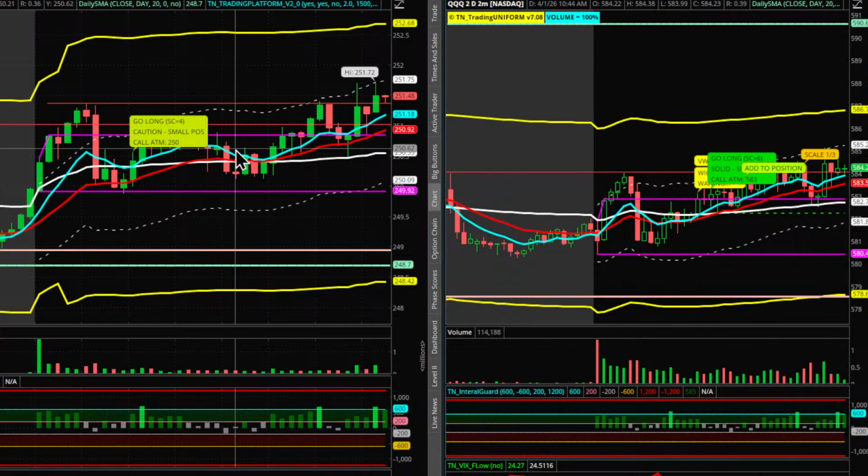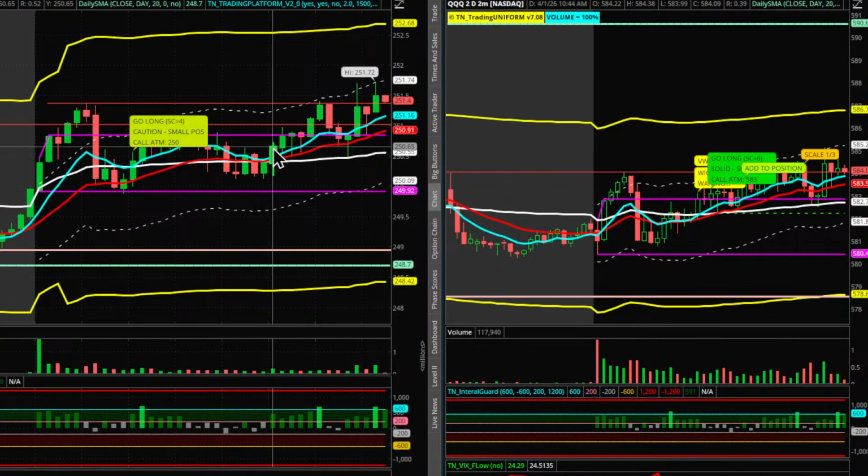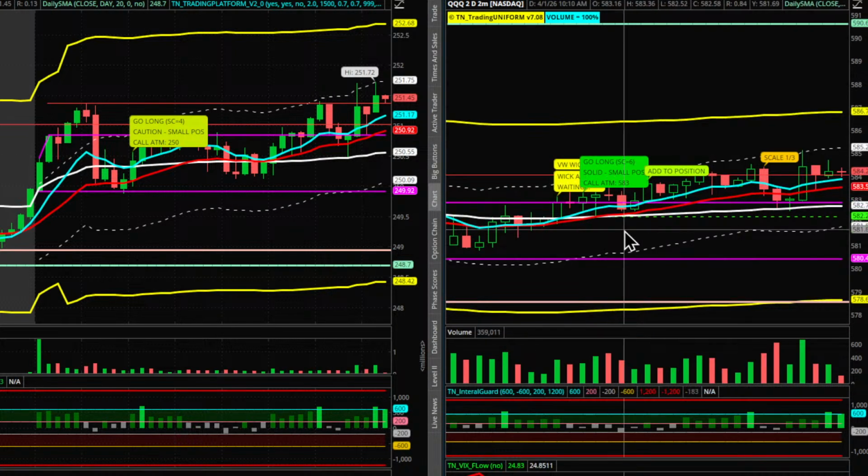And after that, it retested VWAP. This is perfect to add more to your positions. And now I think you can scale out a little bit, but hey, the system hasn't said anything about scaling out yet. And let's see if it's right about QQQ here.